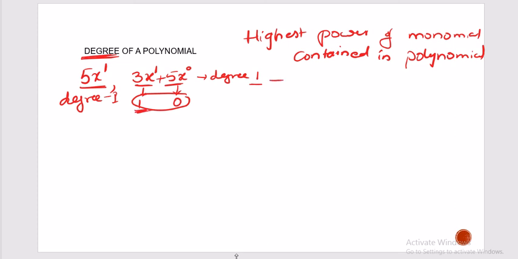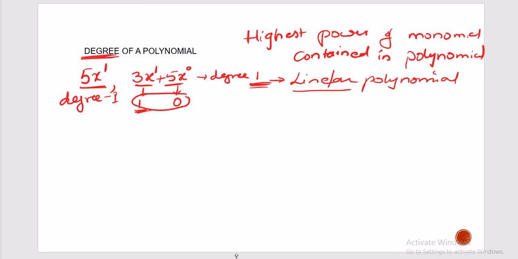Whenever the degree is 1, such polynomials are called linear polynomials, right? Whenever the degree of a polynomial is 1, the highest power of the polynomial is 1, then we say that polynomial is a linear polynomial. Linear polynomial means the degree should be 1.